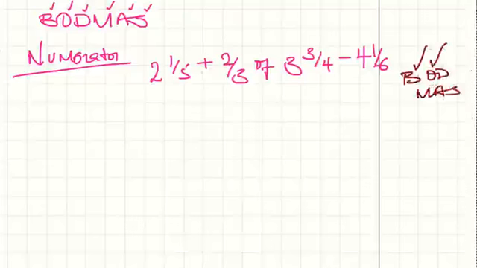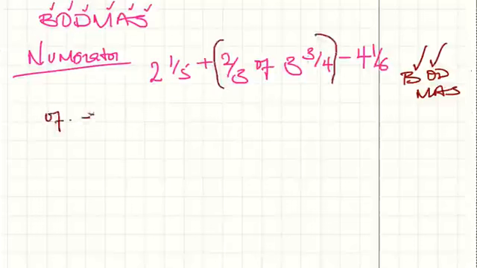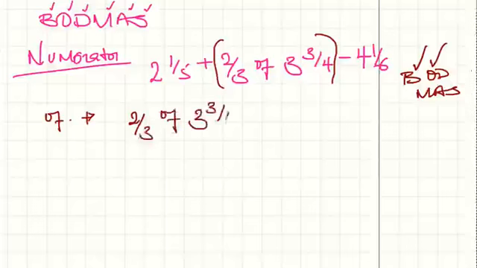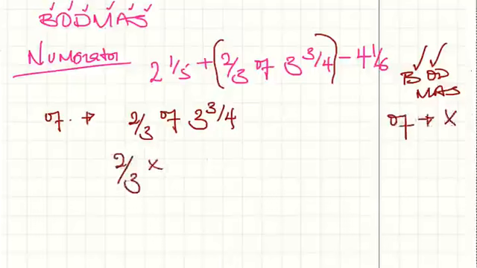So we'll begin with the of operation, which is 2/3 of 3 3/4. To deal with this one, you first change the mixed fraction into improper, and the word of simply means multiply. So we say 2/3 times, change this into improper fraction.